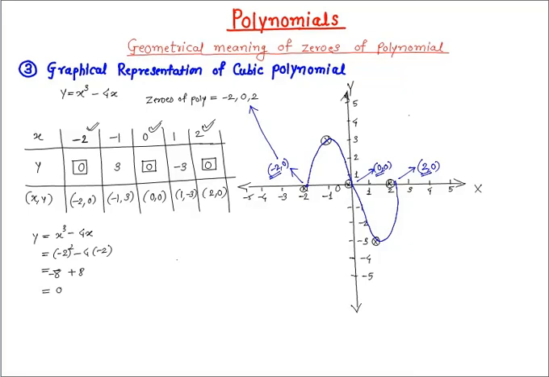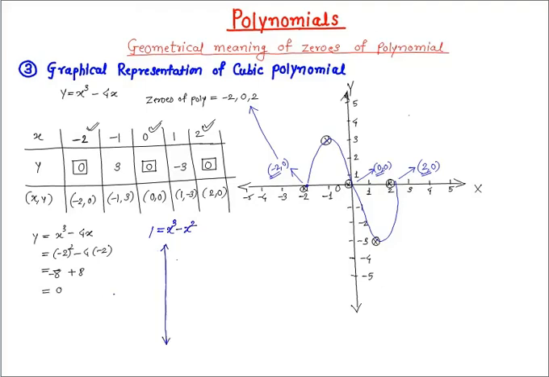So simply we can say the x-coordinates of the points where the graph is meeting the x-axis give you the zeros of the polynomial. This graph is cutting the x-axis at 3 points. So this polynomial has how many zeros? 3 zeros.